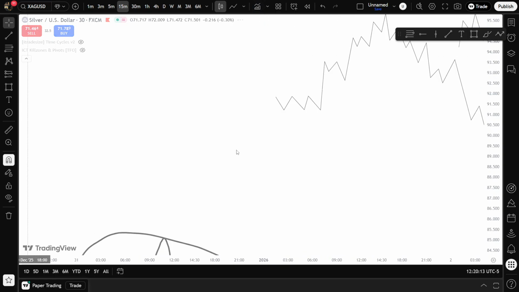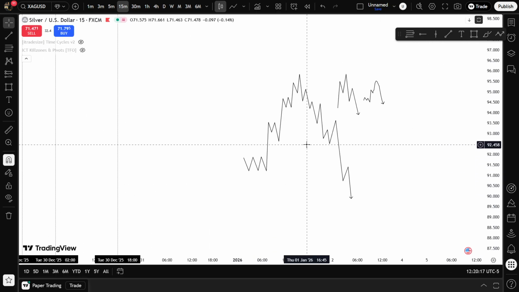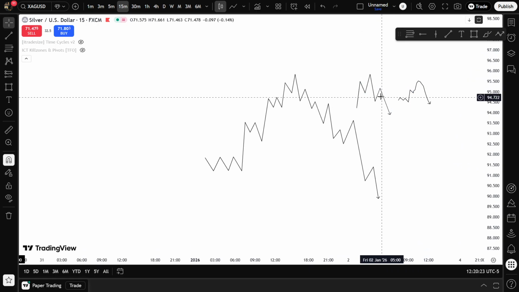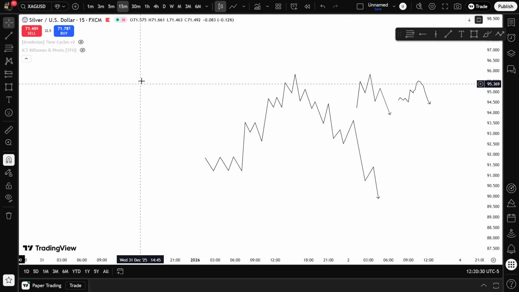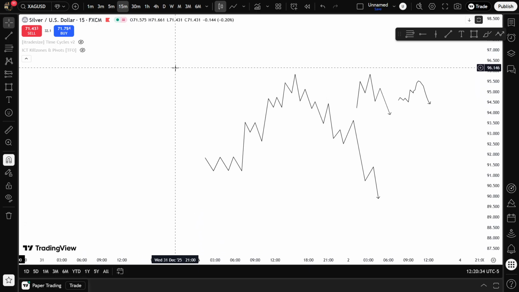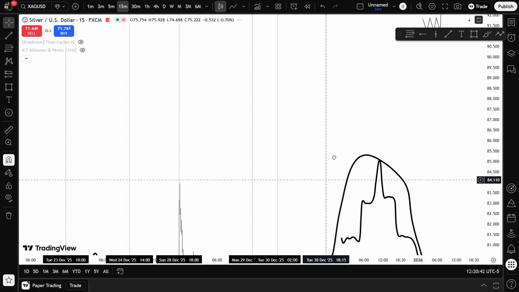I guess it was drawn on the 15-minute time frame. Yes. So this market maker model is the bigger model. This up and down is the whole market maker model. So the higher time frame retracement and repricing to the upside is a smaller time frame market maker model.